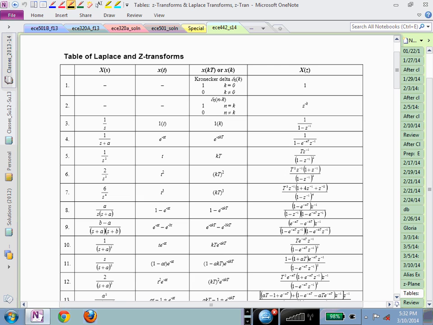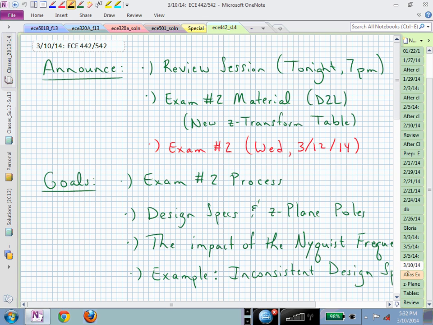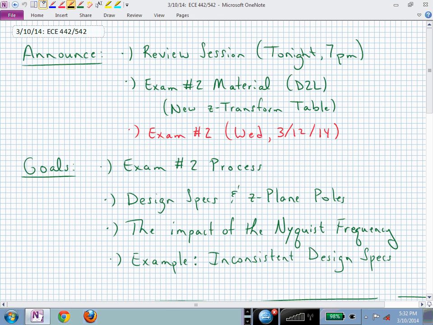That's the point behind this Laplace Z transform combination table. We might talk a little bit more about that in the review session, which again is tonight at 7.